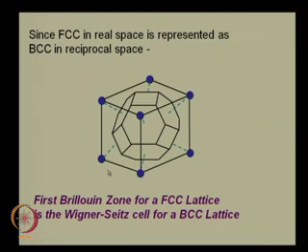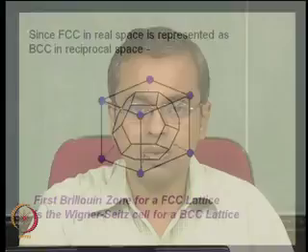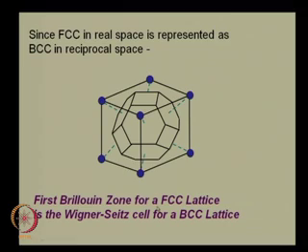So if you have a material in real space that is face centered cubic, it is going to be represented as body centered cubic in reciprocal space, and we have also defined that the first Brillouin zone of a structure is simply the Wigner-Seitz cell about a reciprocal lattice point. Therefore we find that the first Brillouin zone for a face centered cubic lattice in real space is the Wigner-Seitz cell for a body centered cubic lattice in reciprocal space.